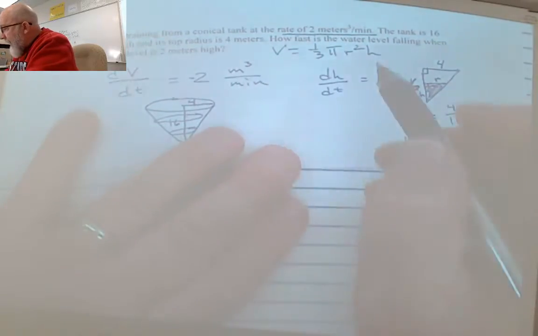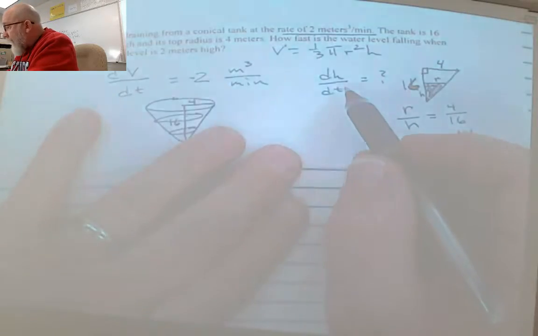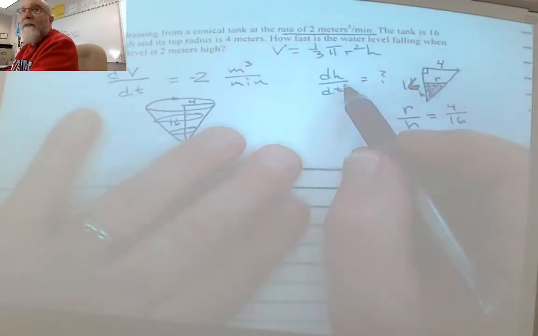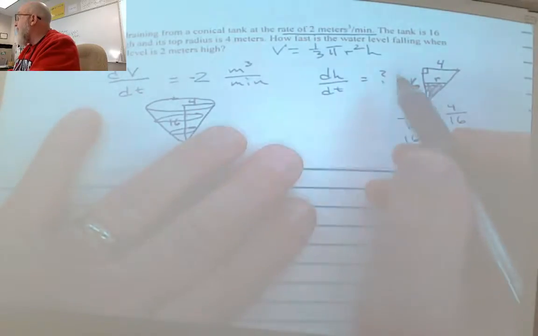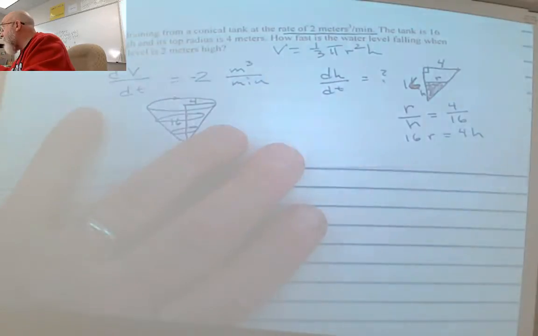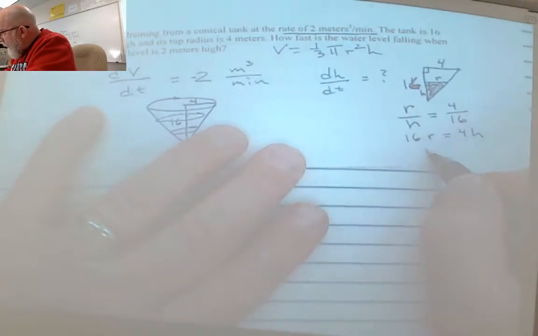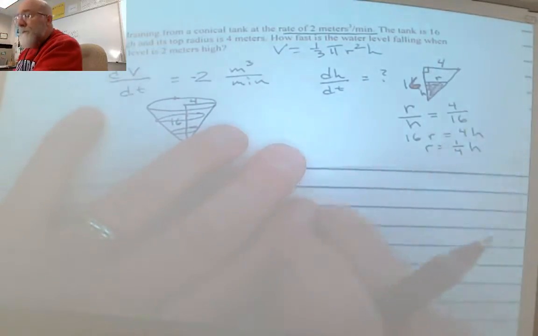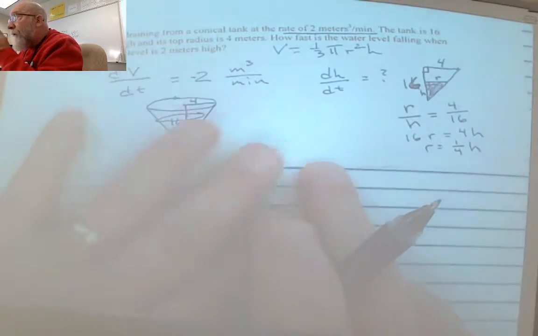Now, I'm trying to find dH dt, correct? Do I even care about R? So just like the last problem, I'm going to get things in terms of H. Are you okay with that? So that means R is equal to 1/4 H. You with me on that?